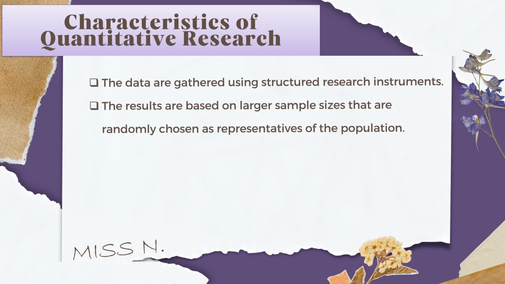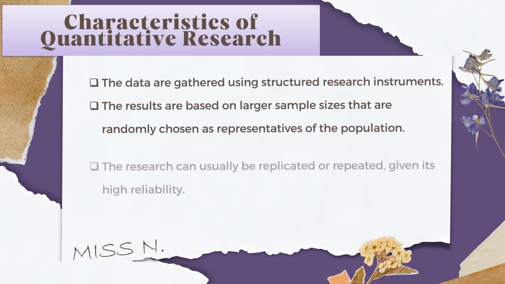Next, the results are based on larger sample sizes that are randomly chosen as representatives of the population. The researcher may consult a statistician as to who or how many respondents he can accommodate on a certain population when conducting the study.